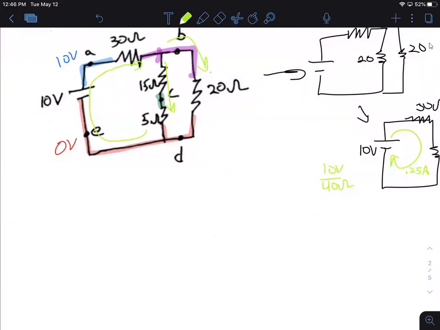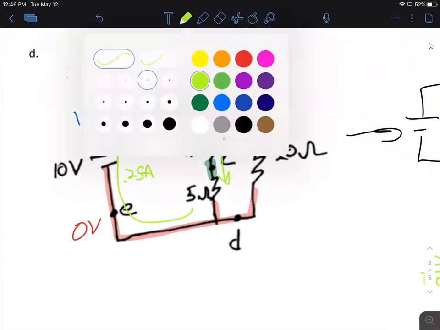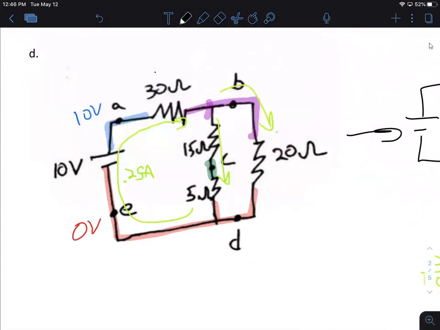So you can go back to our thing here, 0.25 amps. All right, and again, I would suggest you make a table of all the resistors to keep yourself organized, especially if you're not doing all this color stuff.